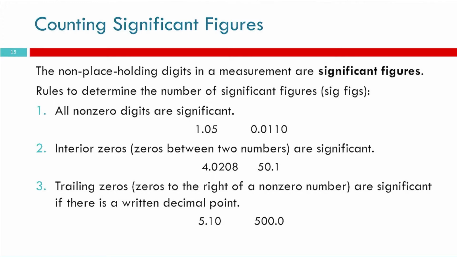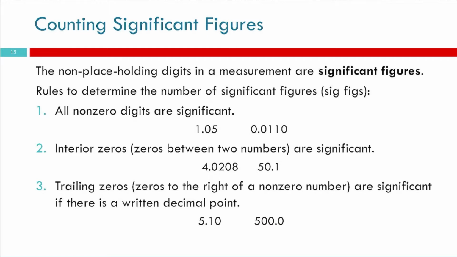If you have trailing zeros, or zeros to the right of a non-zero number, then those are significant if there is a written decimal point. So here we have a written decimal point, we have a 1, and then this 0 is significant. In this case, we have 500.0, and that 0 is significant because we have a decimal point.